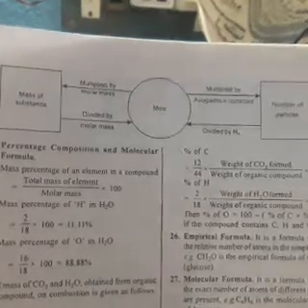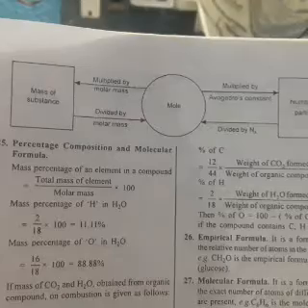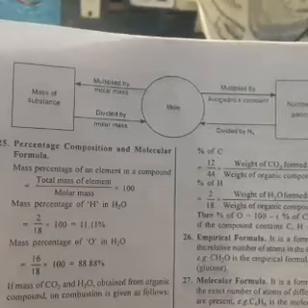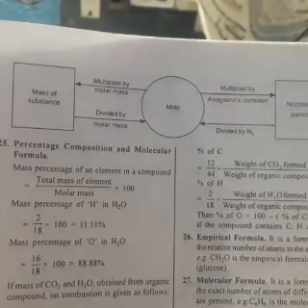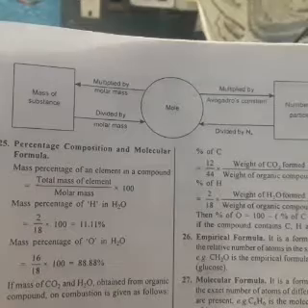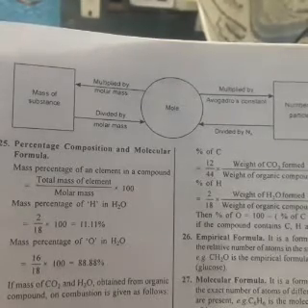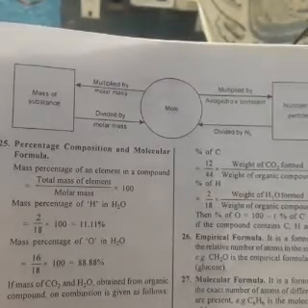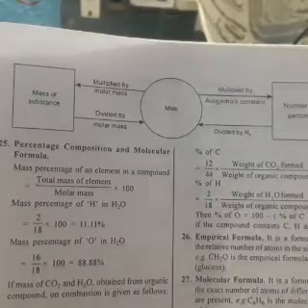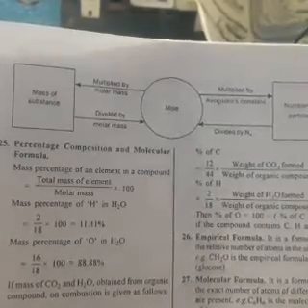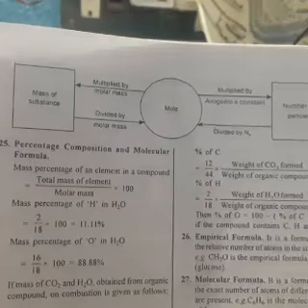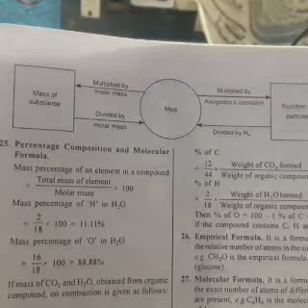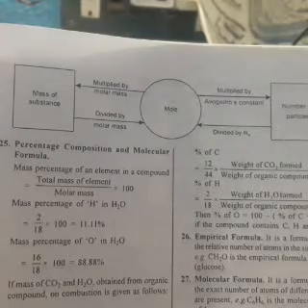The actual formula is: the percentage of an element in a compound is the total mass of the element divided by the molar mass, or molecular mass, in the denominator, into 100.